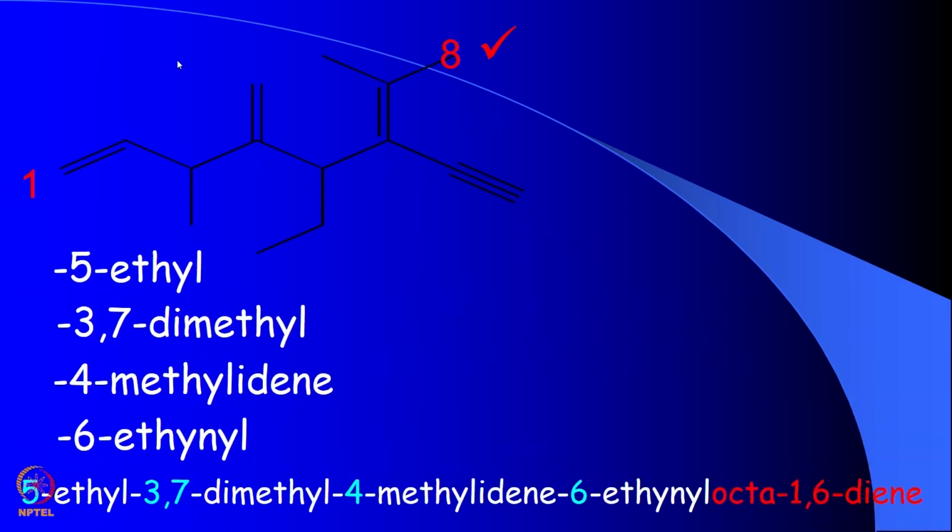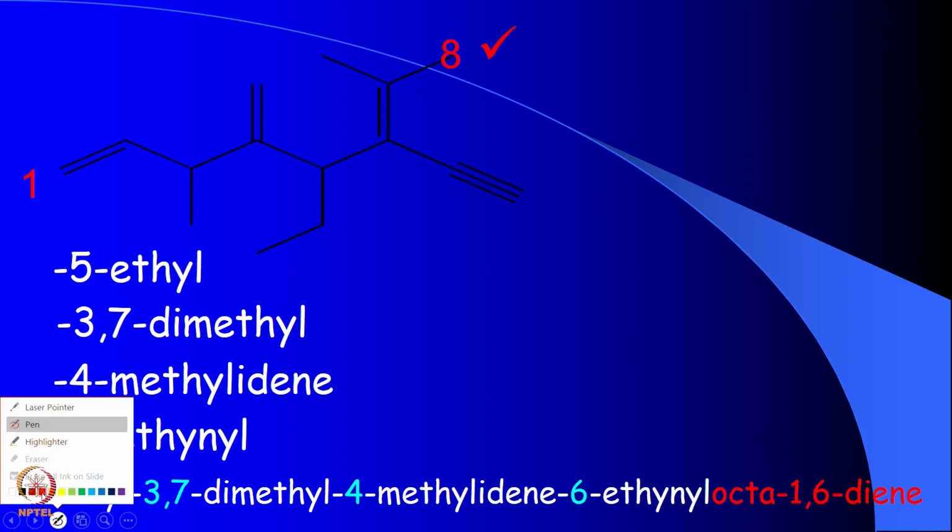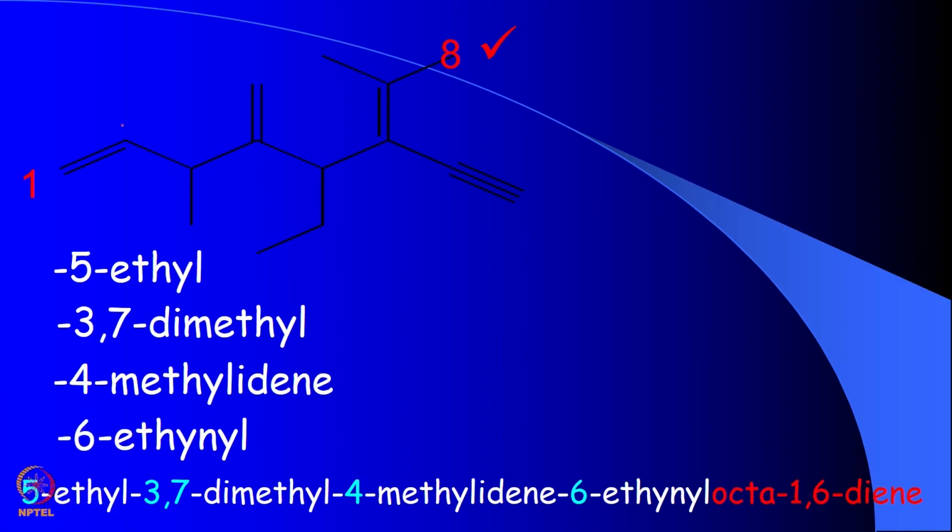So, now let us try to understand what the name of this compound should be. In the previous slide, we have clarified how the numbering of the longest chain should be done. Here, what I have shown is the numbering of the carbon atoms starting from the left corner to the right corner with 1, 2, 3, 4, 5, 6, 7 and 8.